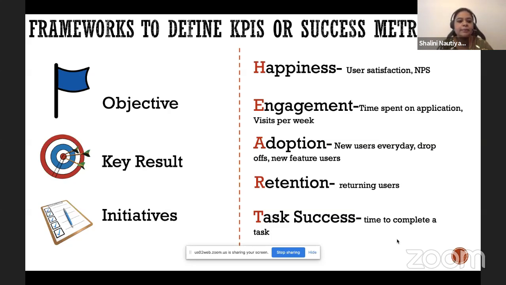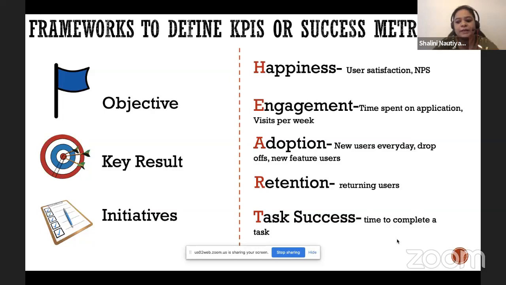Just to take an example for OKR, for example, the current projects that I'm working on right now in my team, one of my goals, or my objective, as we say, is to improve vendor satisfaction right now, with numbers from X to Y in 2021. Now, in order to achieve that, what are the key results that I want to drive? So my NPS score, for example, has to increase. That's one possible example.